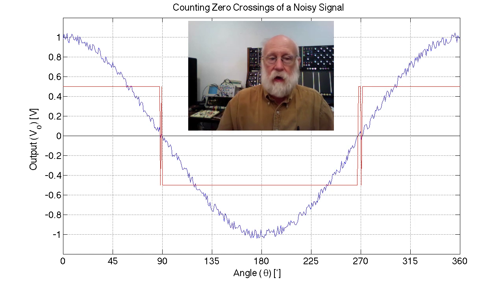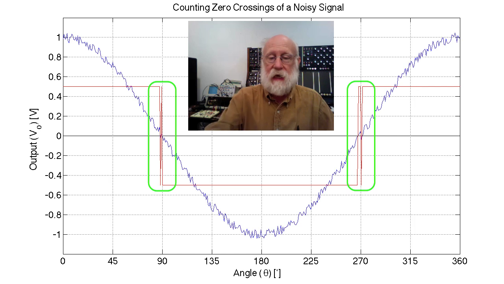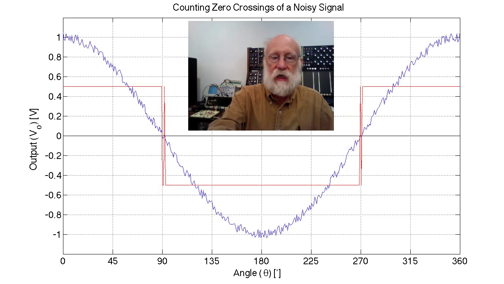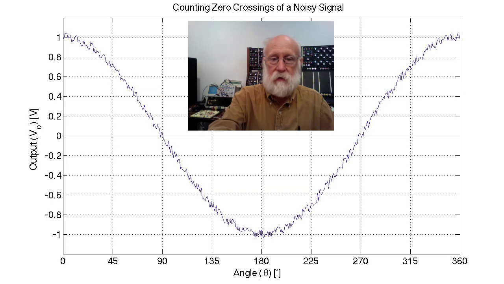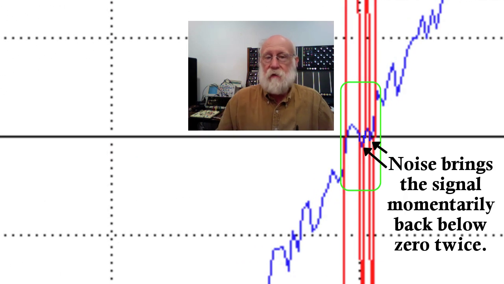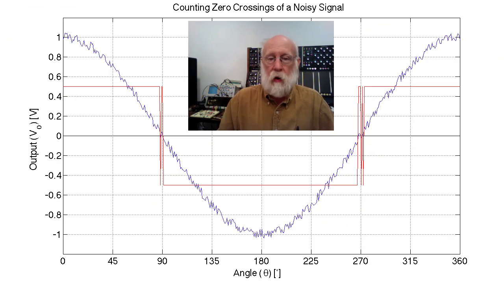Now we've got an extra one on the falling edge and an extra one on the rising edge. If we keep going, note there is no consistency. There's 2 and 2. Oh, there's 2 and 3. Now, if your noise level were to increase, then you're going to tend to get more of these false pulses.